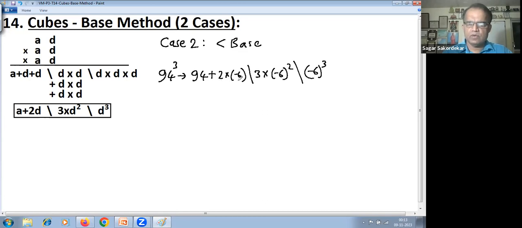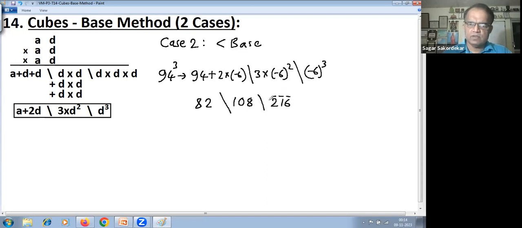So 2 into minus 6 is minus 12. So this is 82. Minus 6 square is 36. 36 into 3 is 108. And 6 cube is 216, but because it is a negative number, the cube is negative, so minus 2, minus 1, minus.